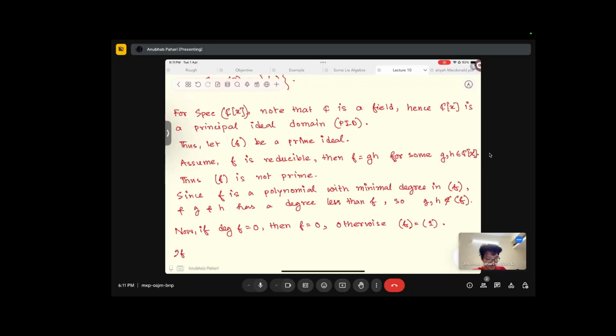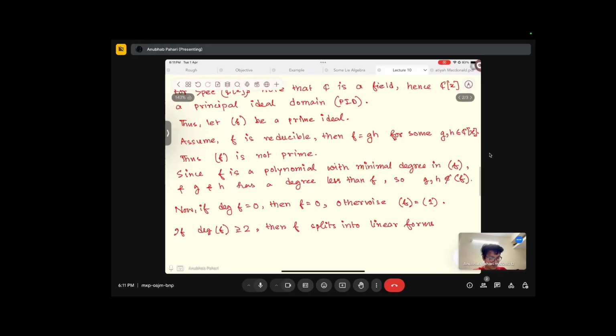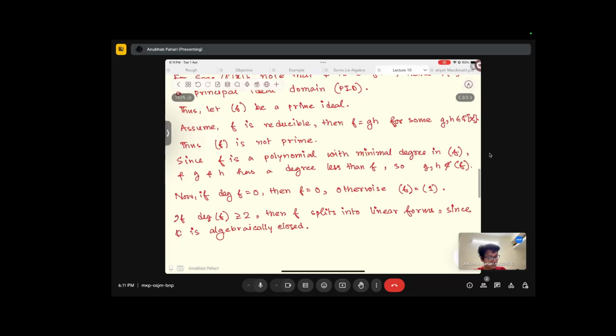If degree of f is greater than or equal to 2, then f splits into linear forms, since C is algebraically closed, so then f would not be a prime ideal.